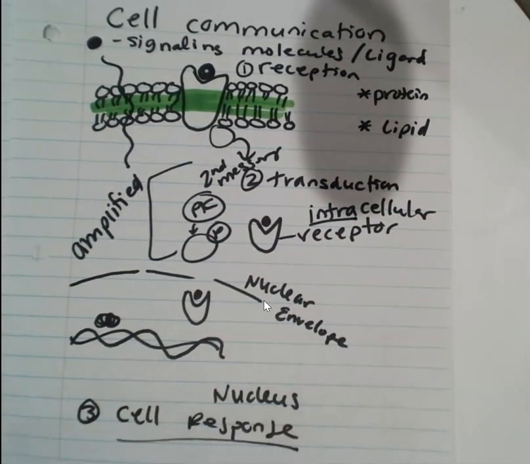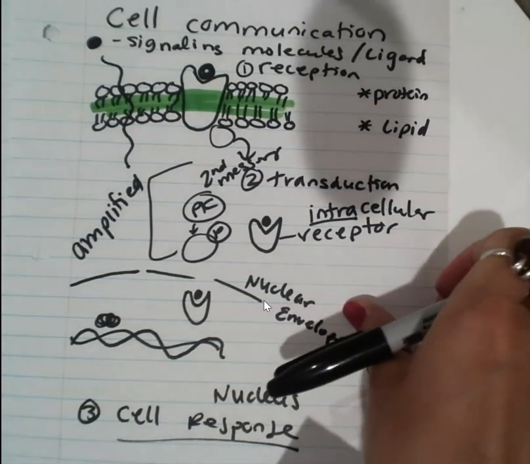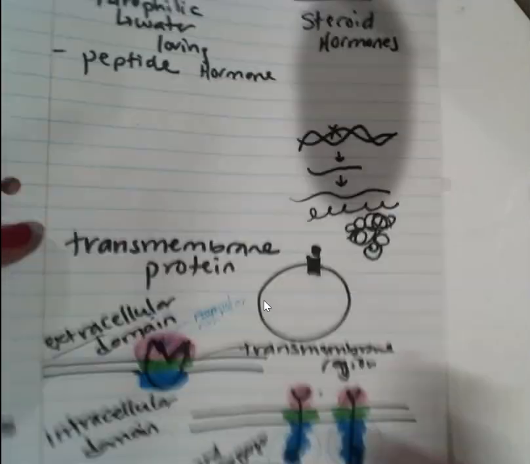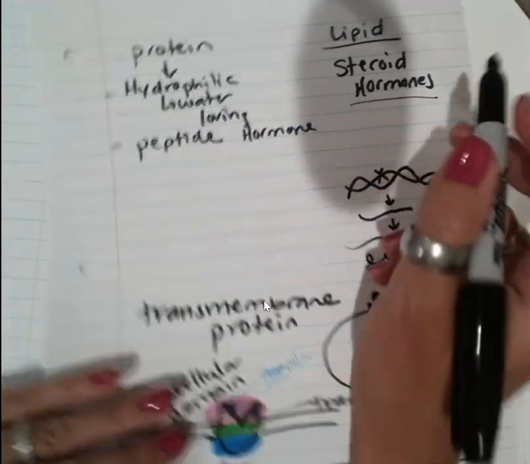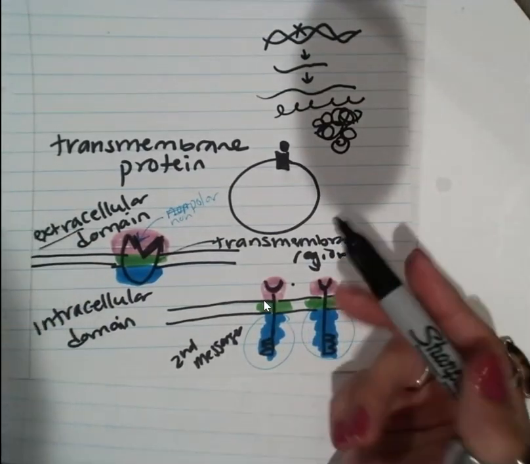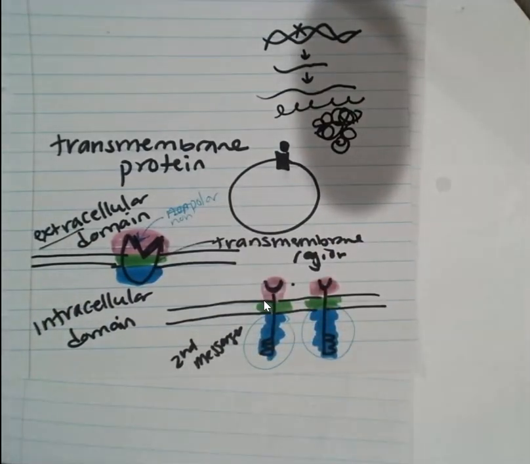Now, this video I really wanted to focus on the vocabulary: a hydrophilic peptide hormone, steroid hormones, and these words down here, the extracellular and intracellular domains and the transmembrane region.